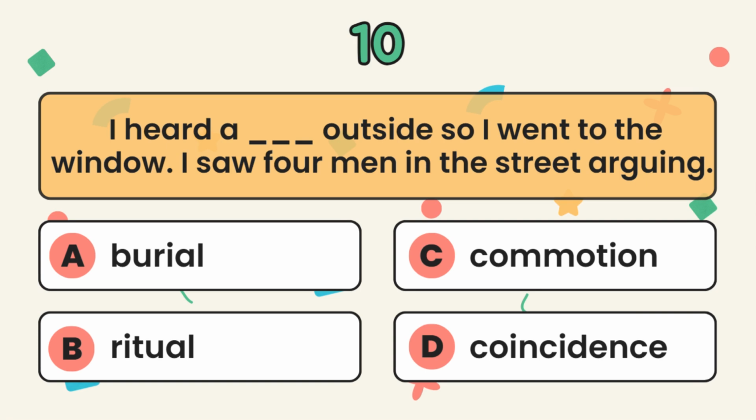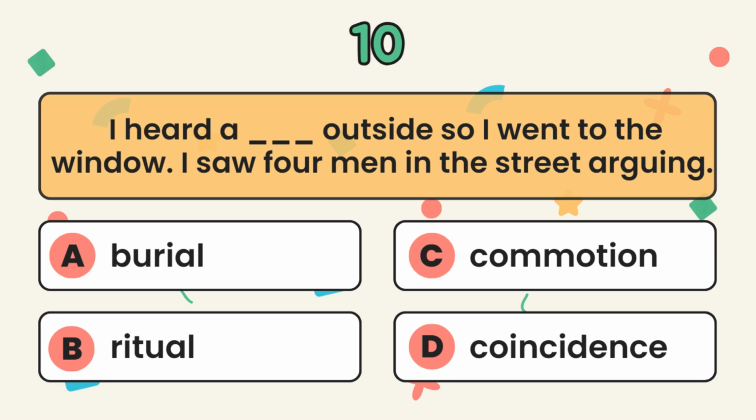Lastly, number 10. I heard a blank outside, so I went to the window. I saw 4 men in the street arguing. For number 10, the correct answer is letter C, which is the word commotion. So, I heard a commotion outside, so I went to the window. I saw 4 men in the street arguing.